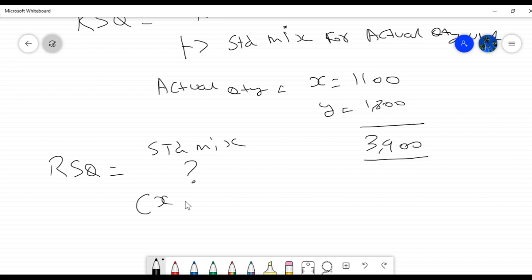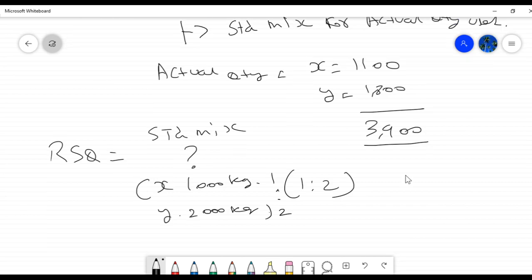This is your standard mix, 1:2. Correct. In this 1:2 ratio we have to allocate this 3900. How to do that, sir?